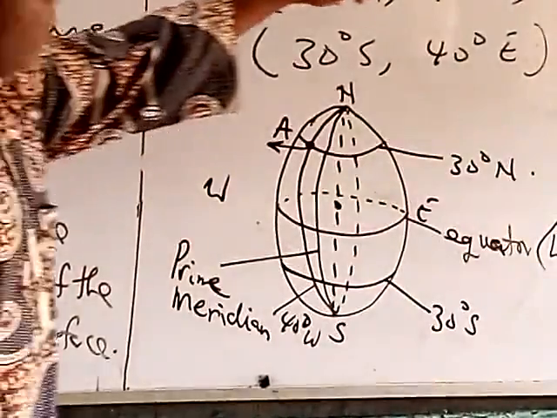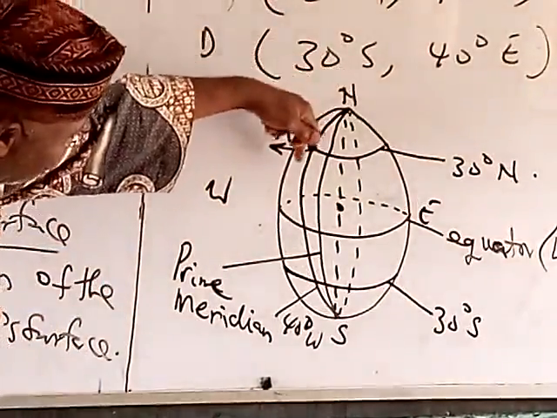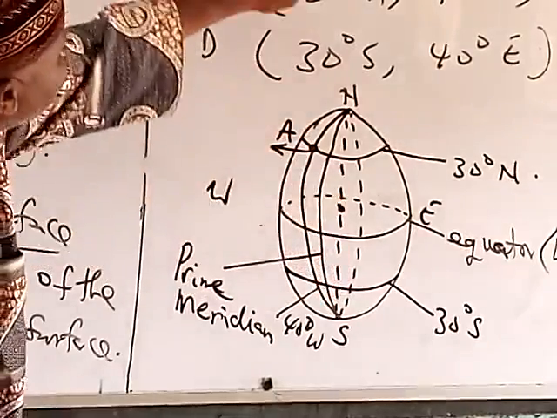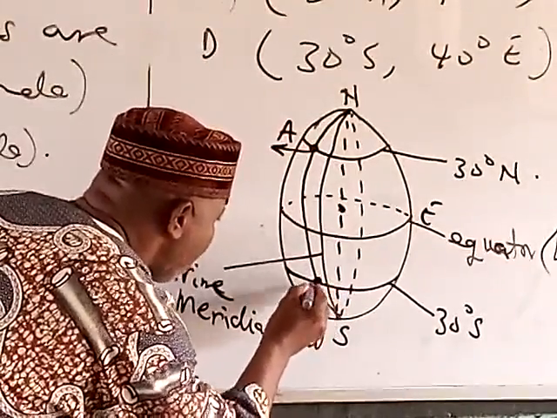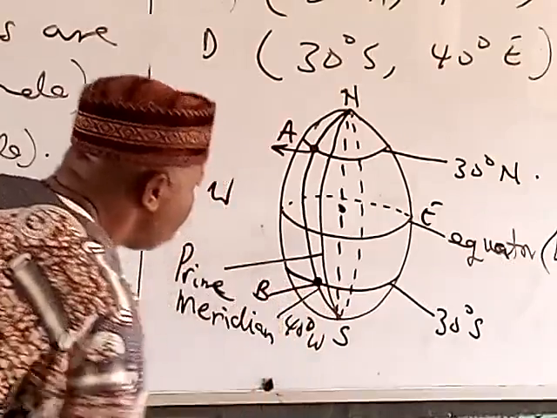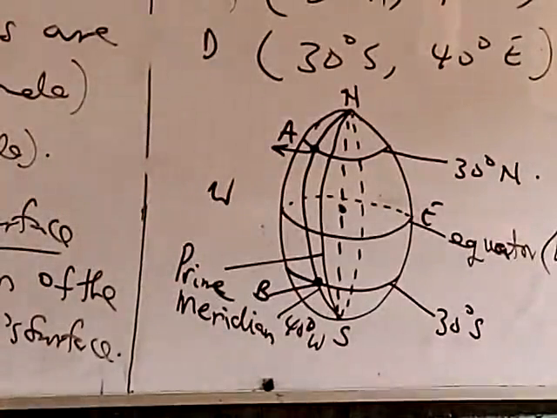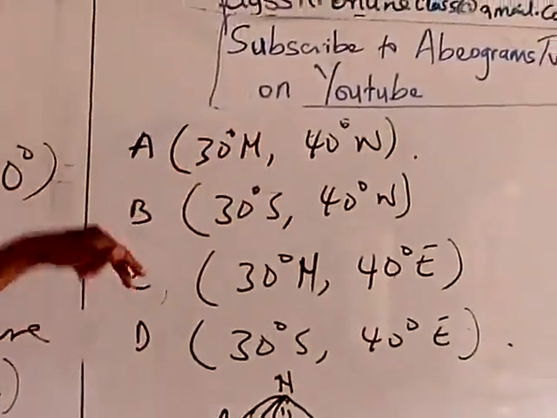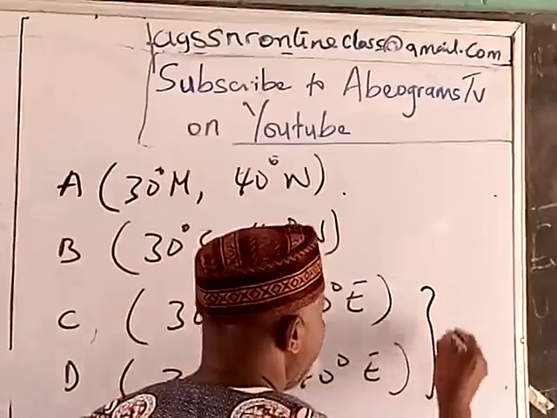Now, 40 degrees west, you have drawn it already, the same line. Then the point of intersection of 30 degrees south and 40 degrees west, you have it somewhere here. And that's point B. Then you have located point A, point B on the earth's surface. I expect you to attempt C and D as the assignment.